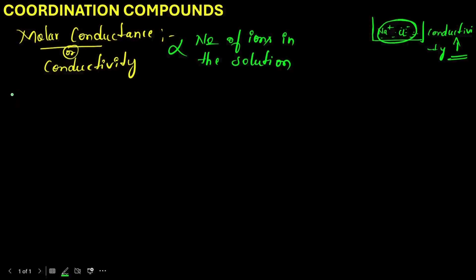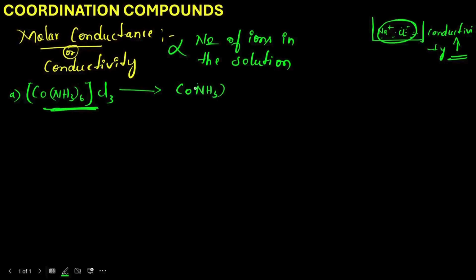First we will take a coordination compound, that is [Co(NH3)6]Cl3. This coordination compound ionizes in the solution to give ions: [Co(NH3)6] with a charge of +3, plus 3 Cl-.